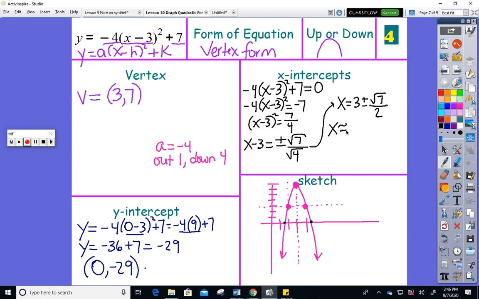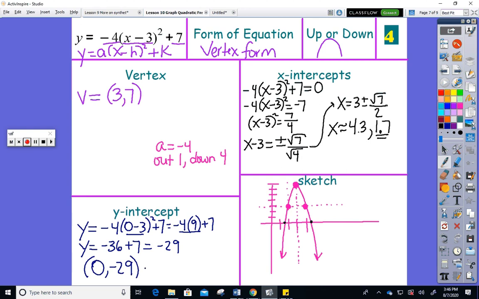So to about 1 decimal place, I'm getting 4.3. And then if I say 3 minus that answer, I'm getting 1.7-ish. And I'm just rounding to 1 decimal place because you can't do much better than that anyway.